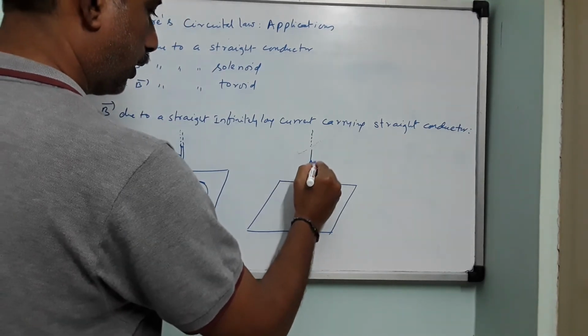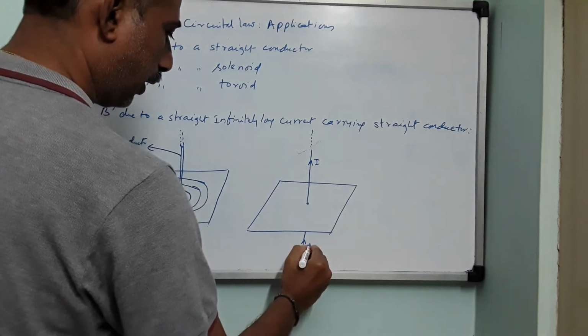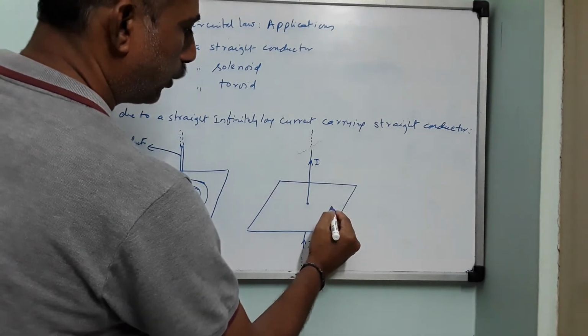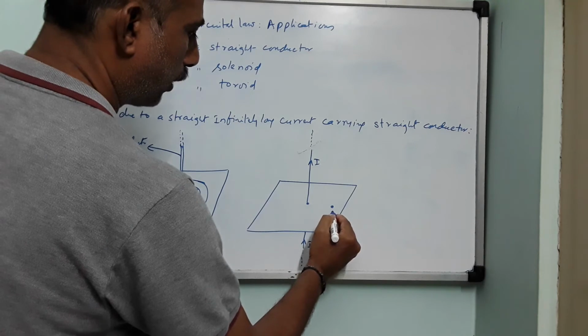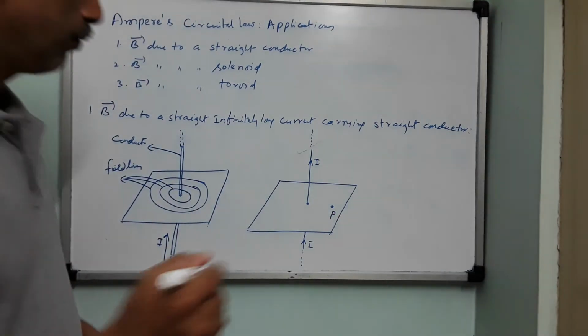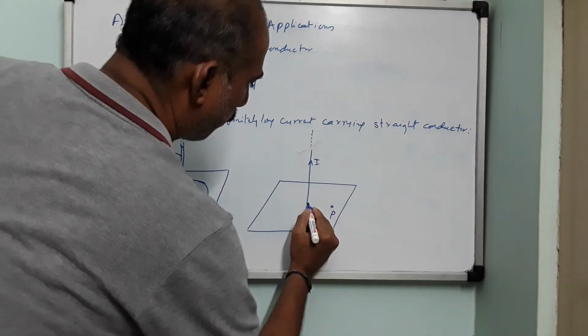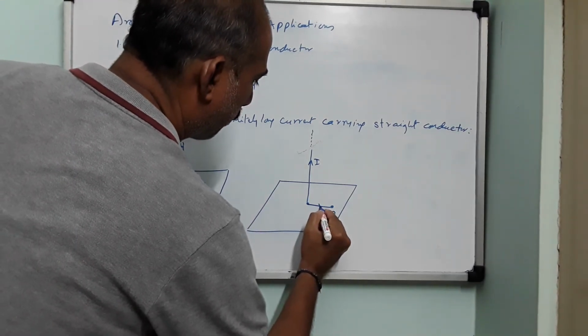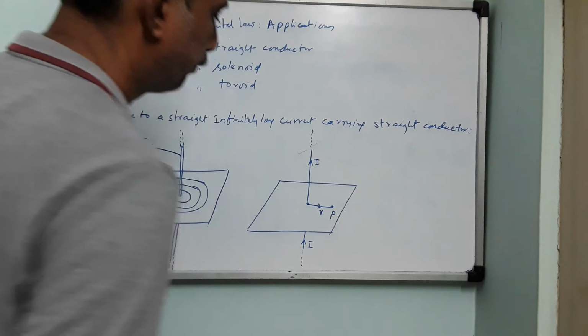So this carries a current I like this. At this point, I would like to make some calculations of magnetic field. So at what distance this point P is there? Point P is located at a distance small r.